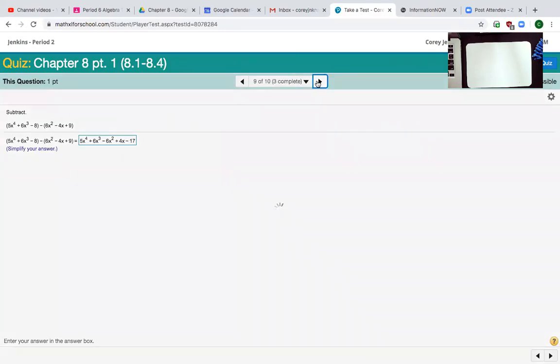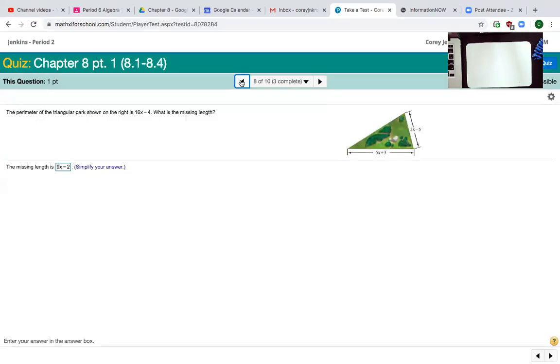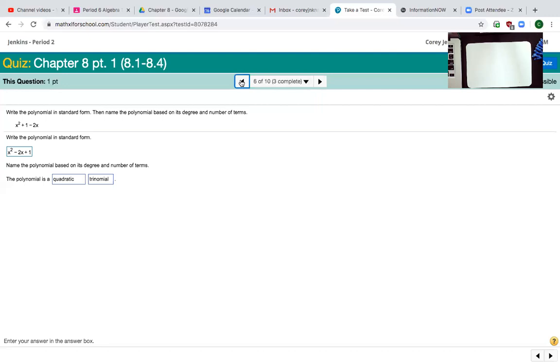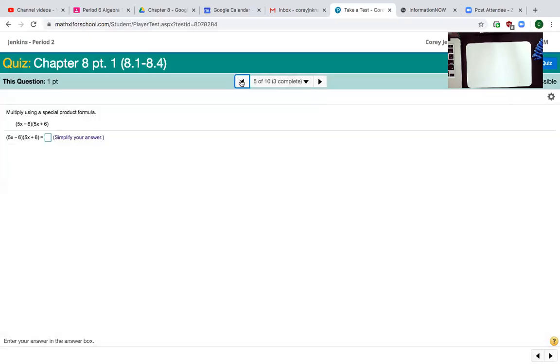Our last frequently missed question was just where we factor out a GCF. You guys did really well on all the binomial times binomial stuff, which is great. That's going to be really helpful in the next part of the chapter.